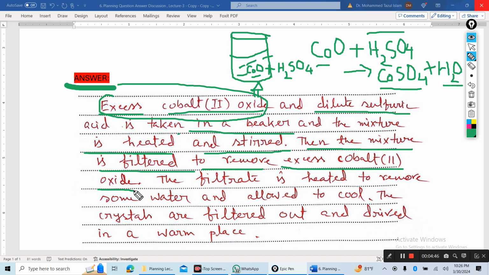After filtration, you will get a clear cobalt(II) sulfate aqueous solution. The clear solution is known as the filtrate.